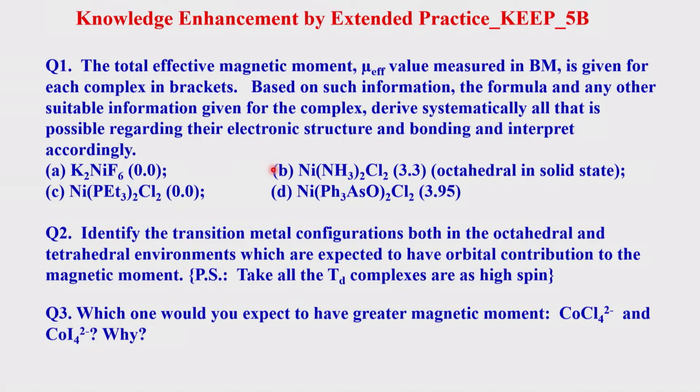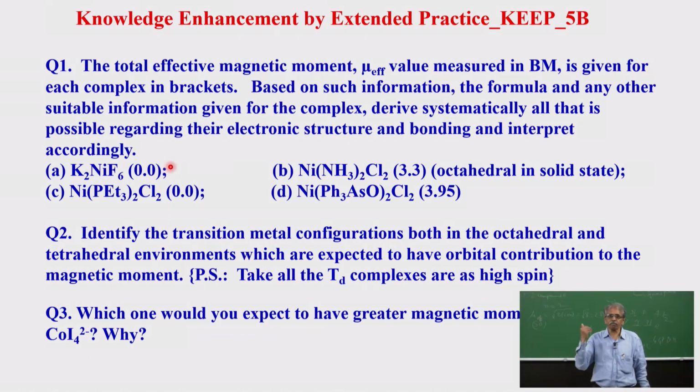Now, on this very last slide I give a couple of problems which I would like you to address. There is some information given in the complex. Please try to analyze, look at the number of ligands bound, charge, oxidation state, and in the bracket given is the Bohr magneton mu effective, and using that you can always try to work out what would be happening.